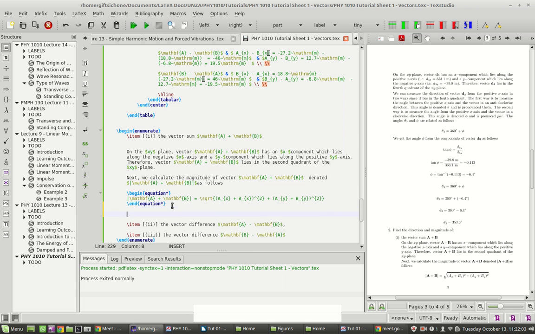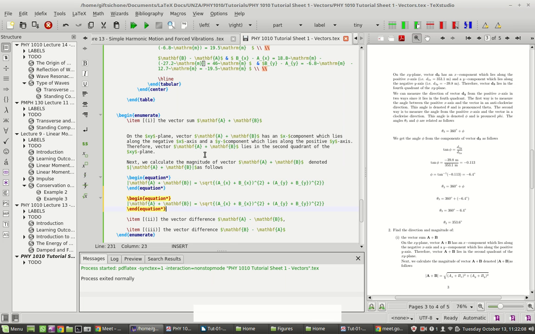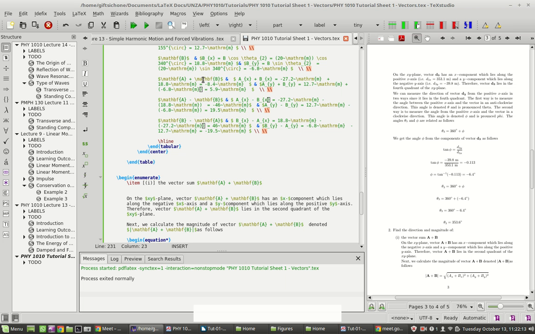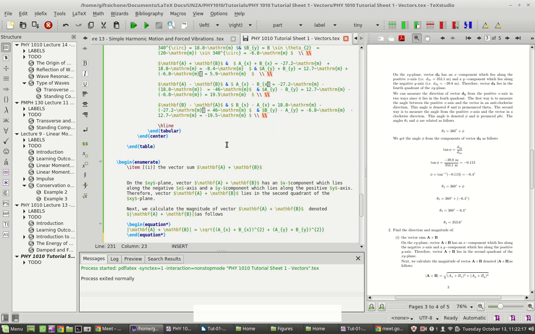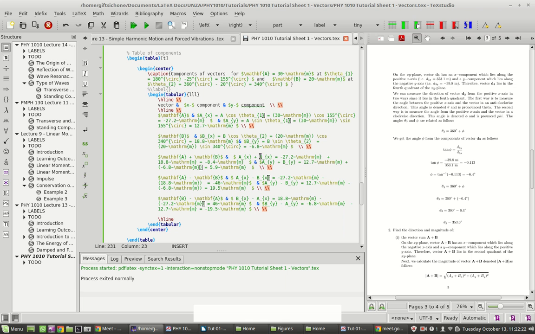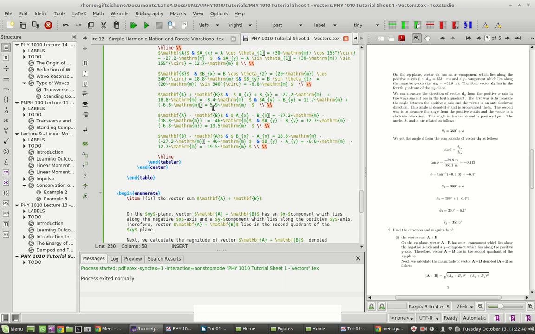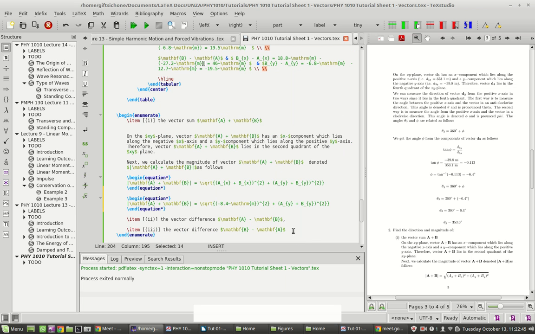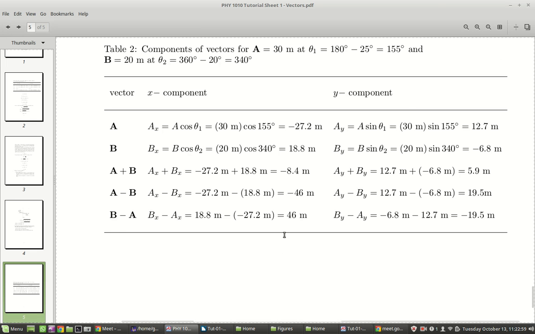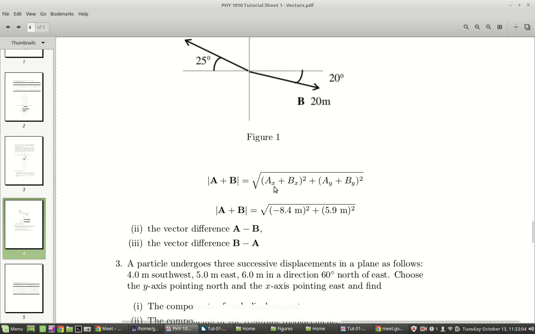So ax plus bx is minus 8.4 meters, and ay plus by is 5.9.